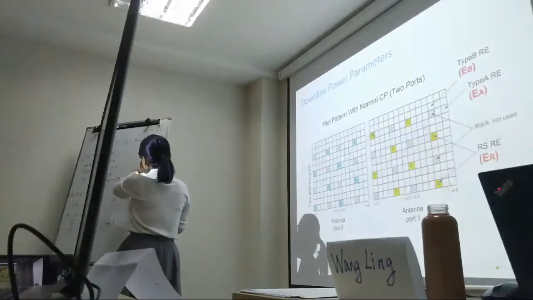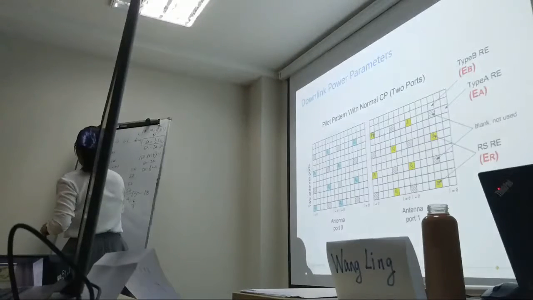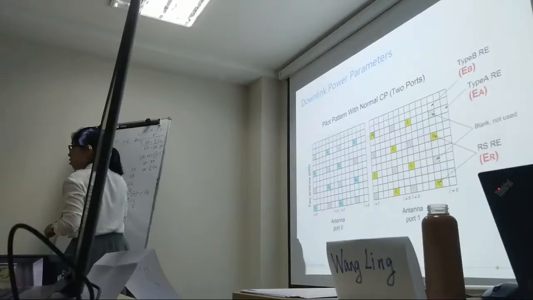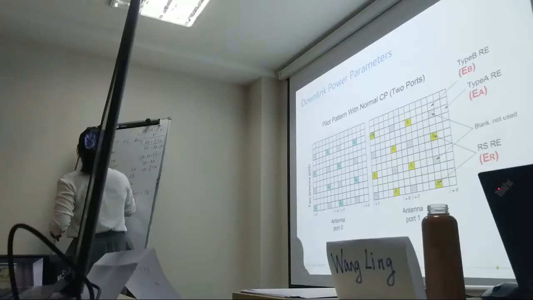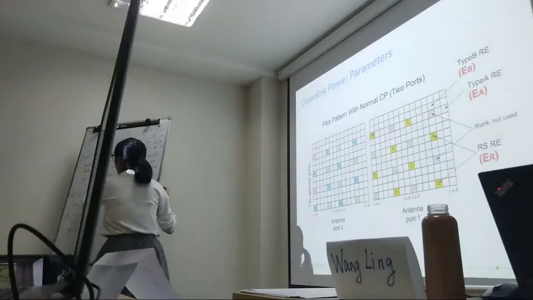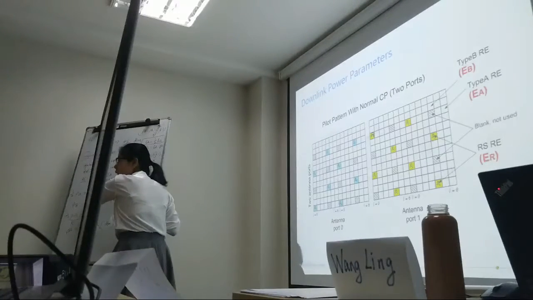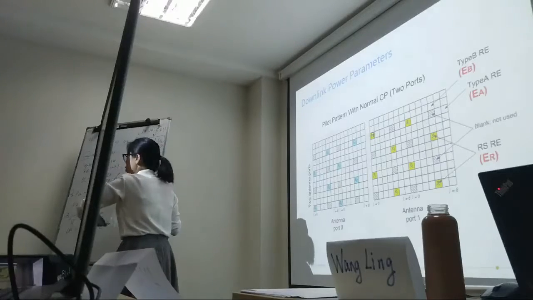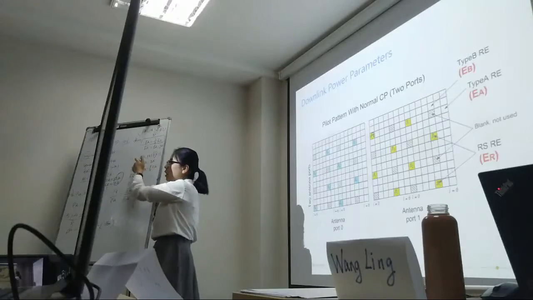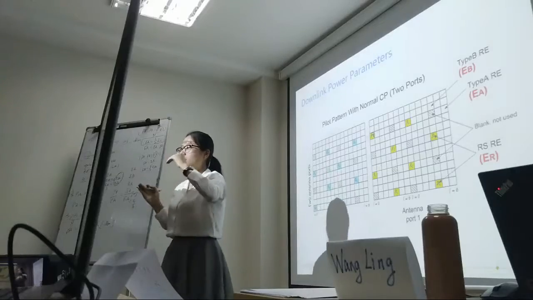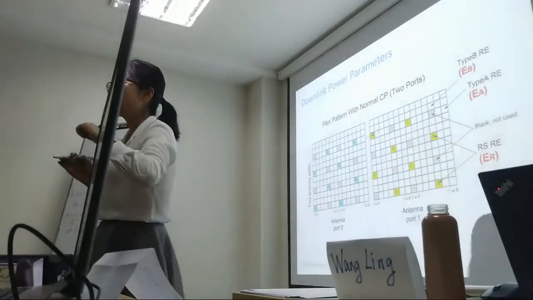But if I set PA to 0, that means ER equals EA. EA is fixed, but ER will be different, right? So a different PA setting will affect the ER maximum value.